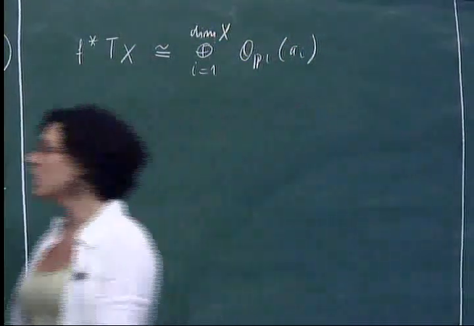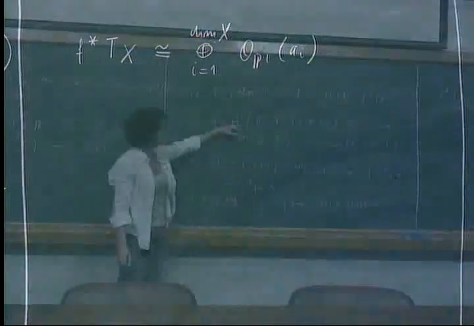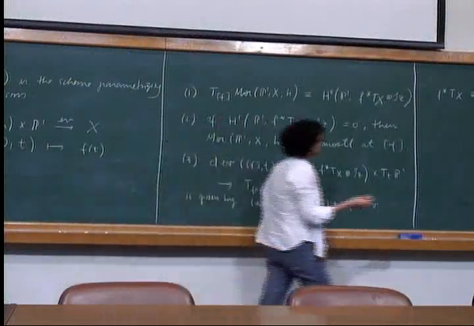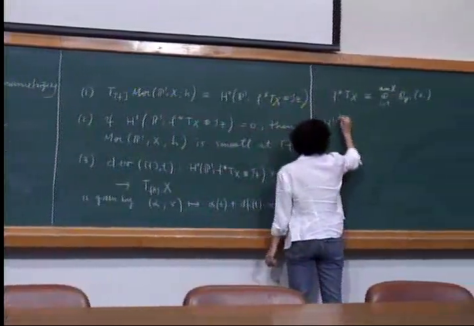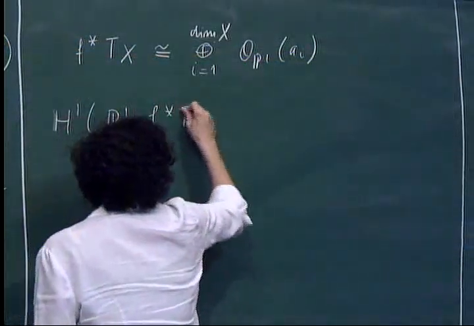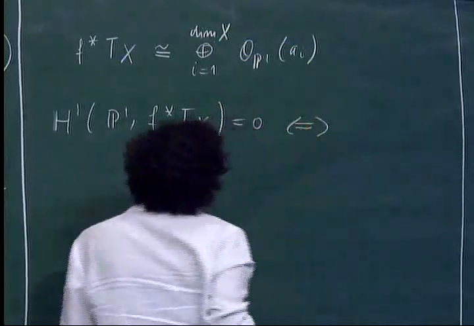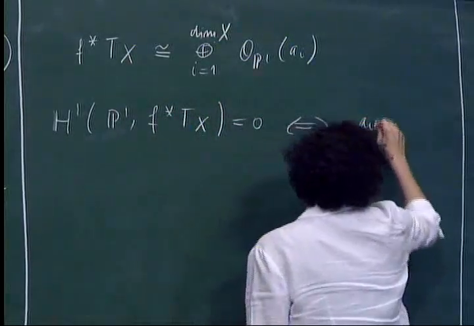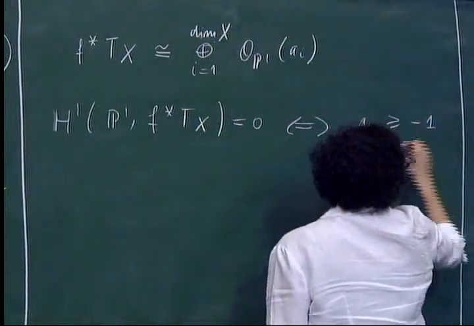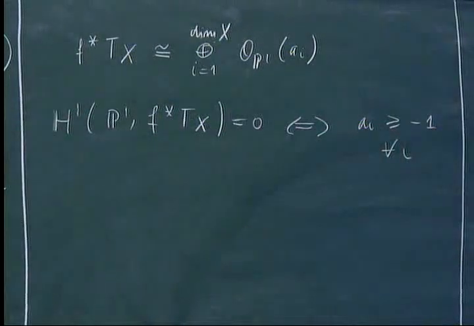So for instance, if we want the space of morphisms from P1 to X to be smooth, what we want is that this H1 vanishes. But then we see that the H1 of the pullback of the tangent bundle vanishes precisely if all the a_i are greater or equal than -1. So this will be one important thing.